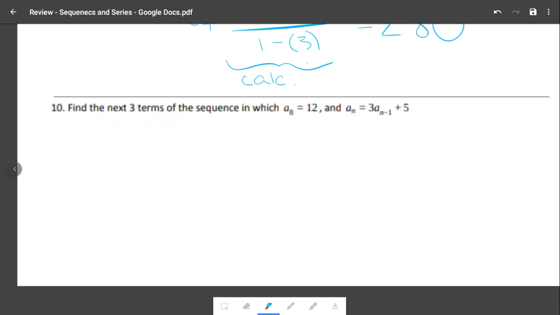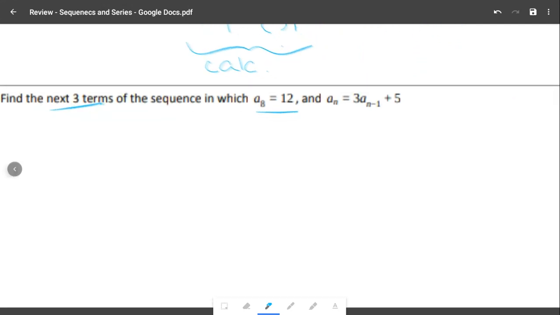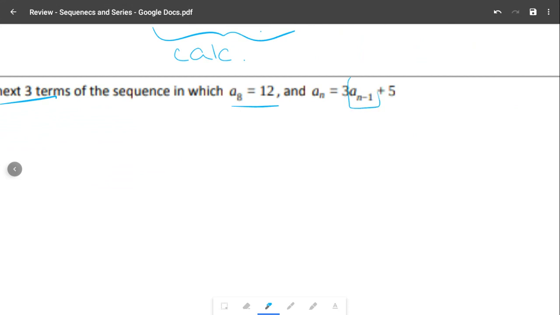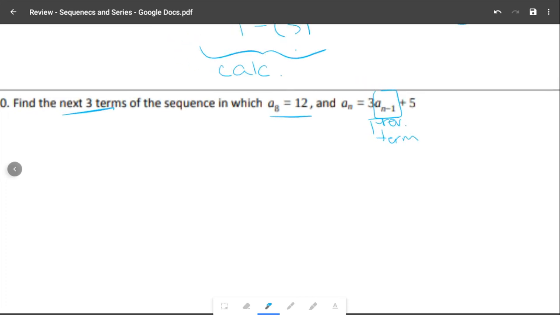Question 10. Find the next 3 terms of the sequence in which A8 equals 12 and An equals 3 times A(n-1) plus 5. Remember, this means 3 times the previous term plus 5. So we're finding the next 3. We have A8. So the next one after that would be A9.